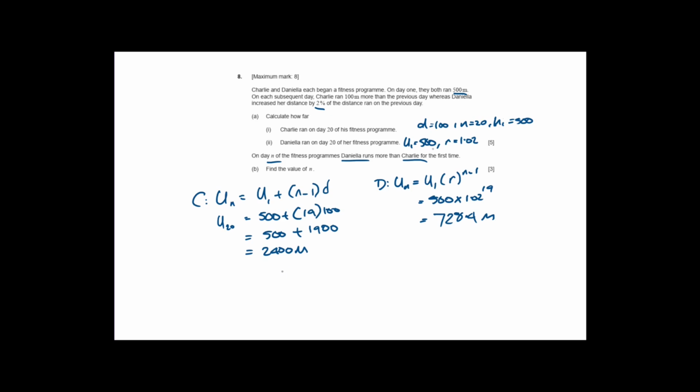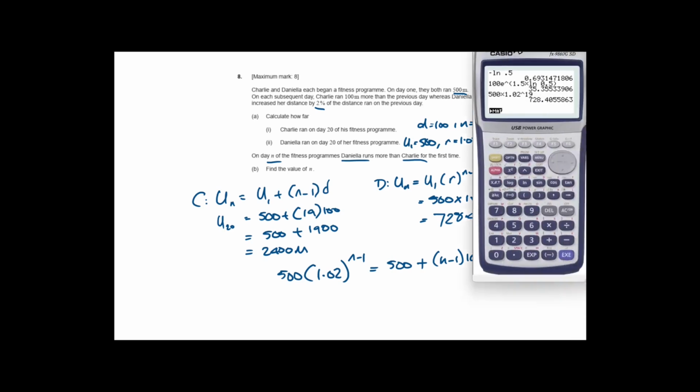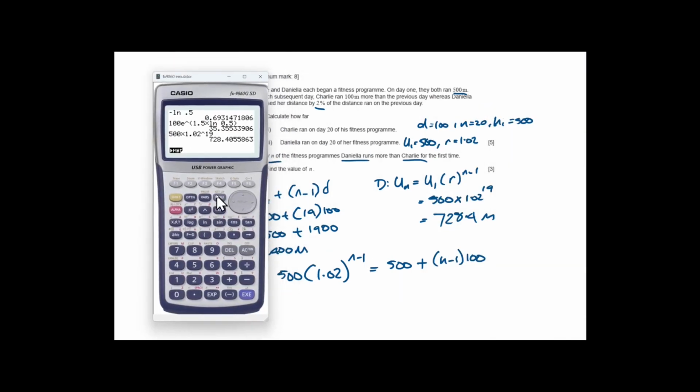So we're looking for 500 times 1.02 to the power of n minus 1 equals the same as 500 plus n minus 1 times 100. And I'm not going to do the algebra for that. This is going to be horrible. That's why we have calculators.